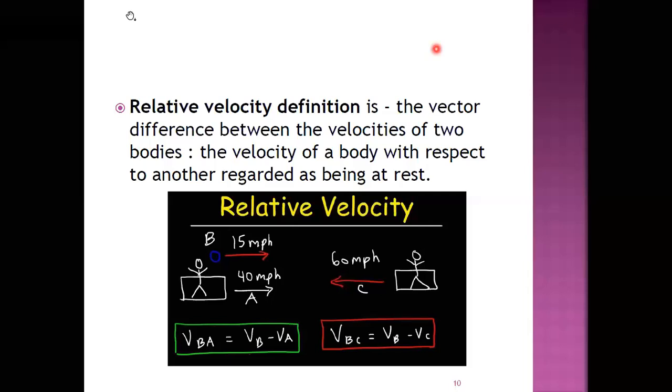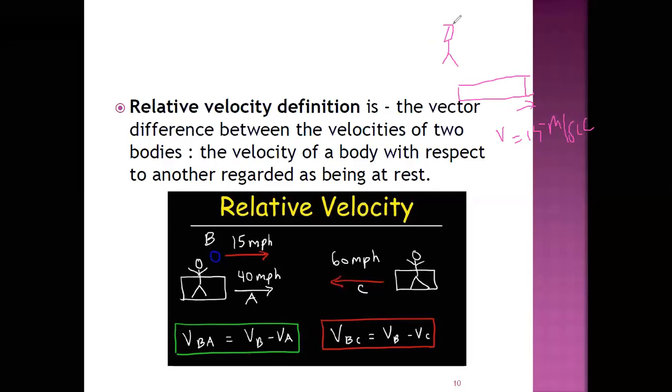Suppose here one man is standing, and here a train or vehicle is moving at a velocity, say V is equal to 15 meter per second, say 50 meter per second.